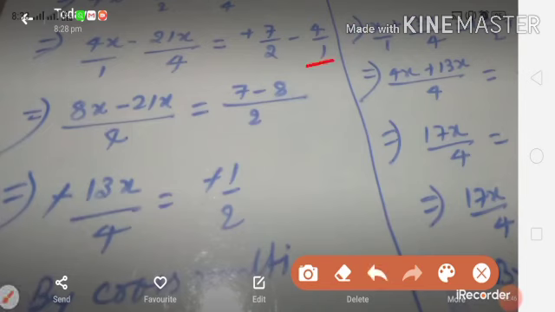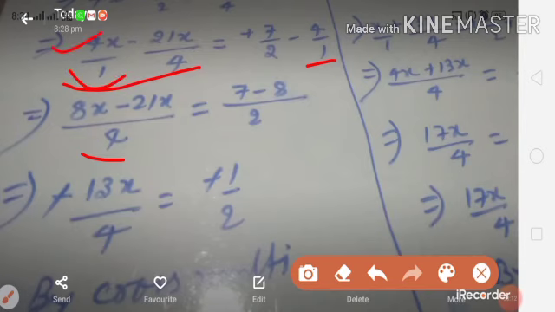You go for the next. You see that this is the line, and first of all we have to do the addition or subtraction of fractions. You find the LCM, and you know the process of addition and subtraction in fractions: divide by the denominator and multiply by the numerator.